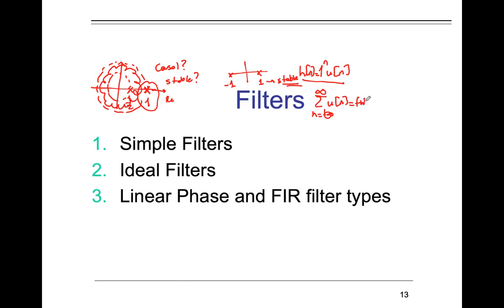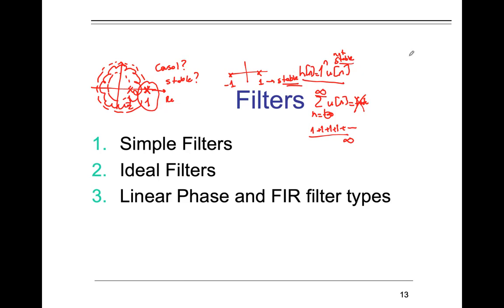No, right? It is infinite because I'm adding infinitely many ones. 1 plus 1 plus 1 plus 1 plus 1, many ones. So it goes to infinity. So my system is not stable for this case.